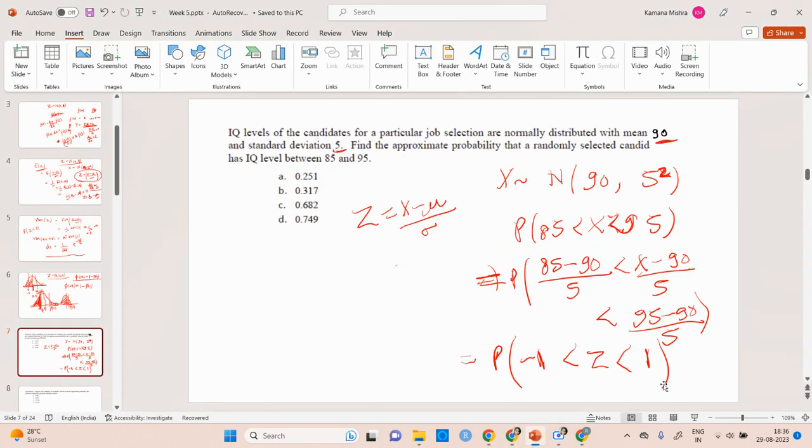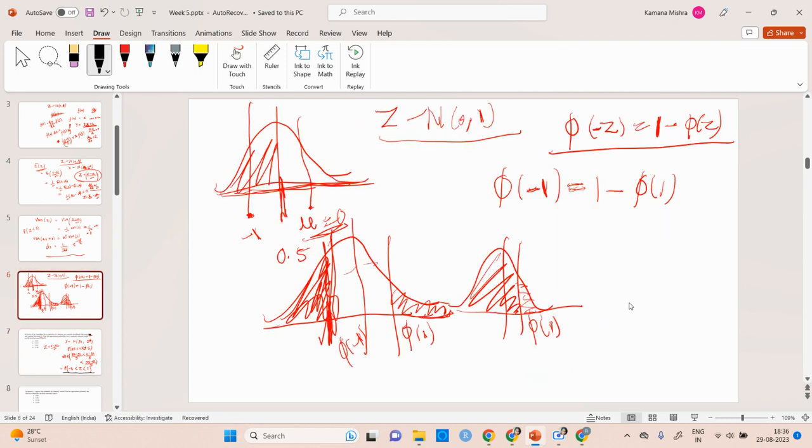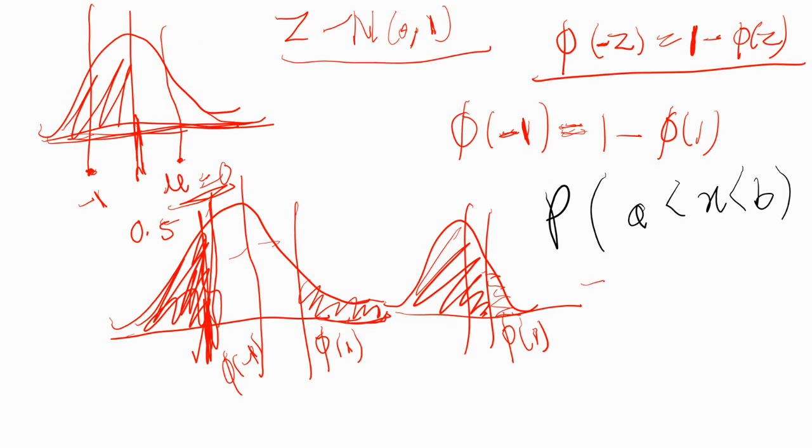So now what we need here is that z is from minus 1 to 1. How do we calculate any probability like this? Let me just write it here. If you have any probability of x from a to b, it will be equal to F of b minus F of a.